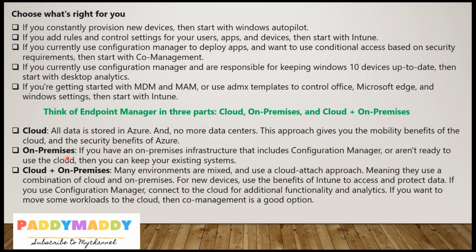But let's say you have a cloud footprint as well as on-premises, then utilize co-management, meaning you have to manage your workloads. My friends, remember workloads. I told you that workloads are the features that you can manage. We're going to deep dive into that when we get to co-management. But here you have a business case for what is right for you.